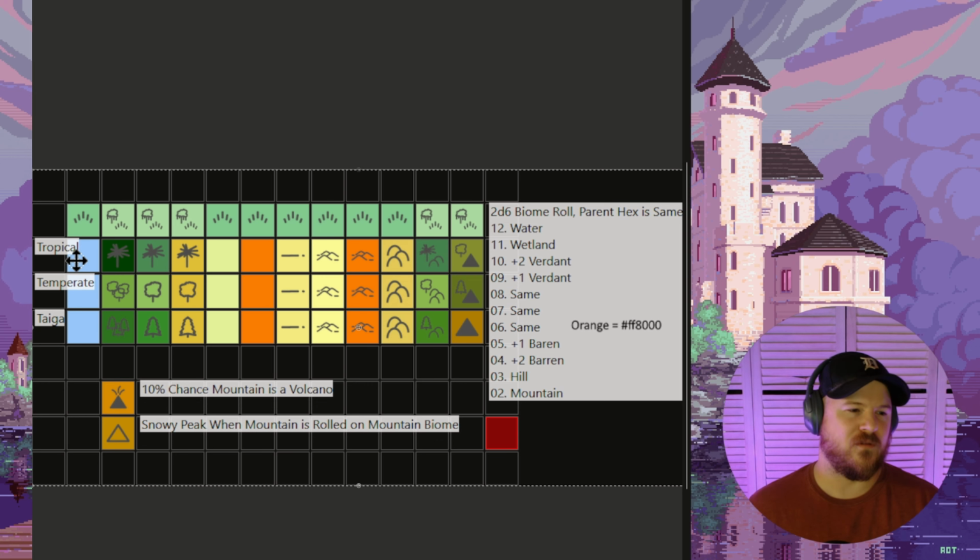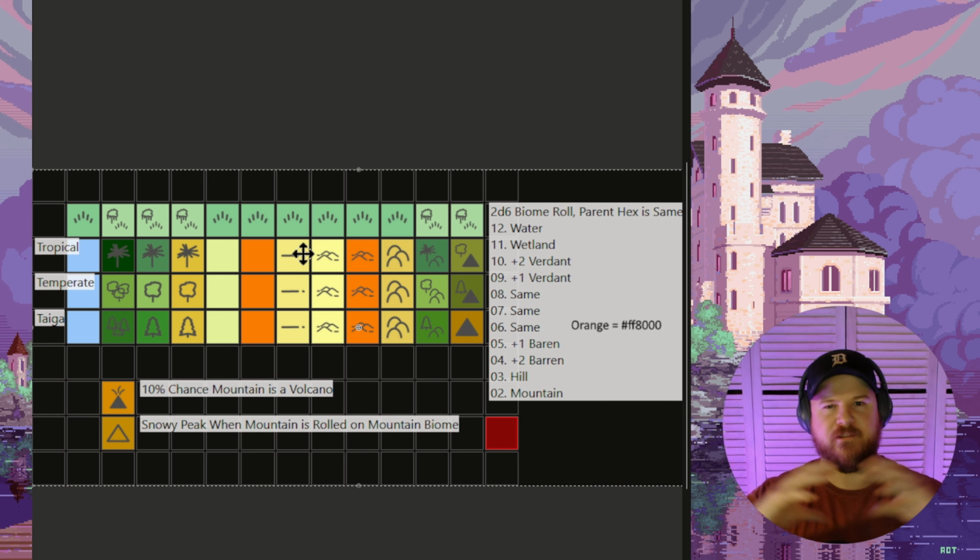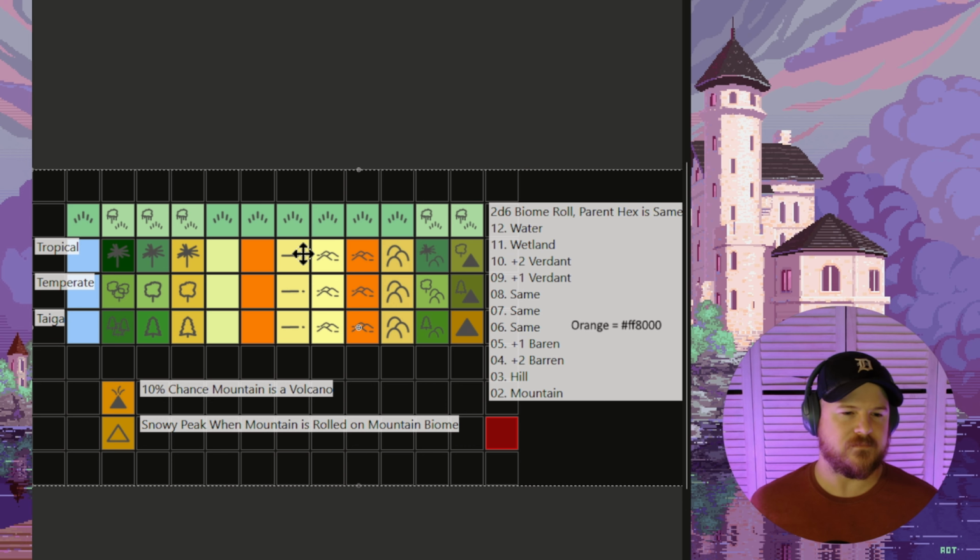So you go water, swamp, heavy forest, medium forest, light forest, grasslands, scrub, desert. And that's the linear continuum. Because you can't really have anything more barren than desert, or anything more verdant or wet than water.